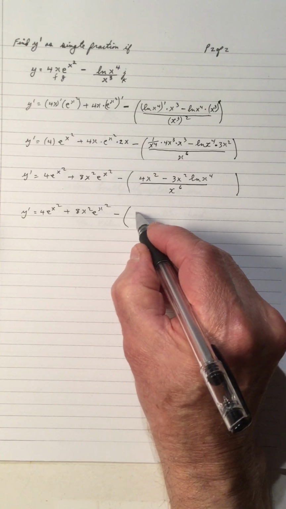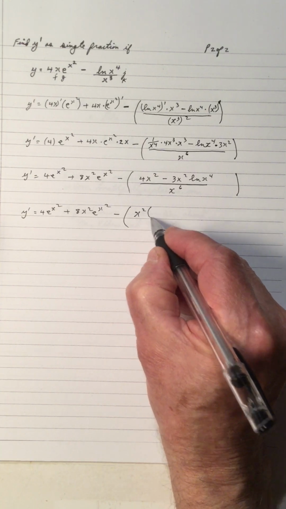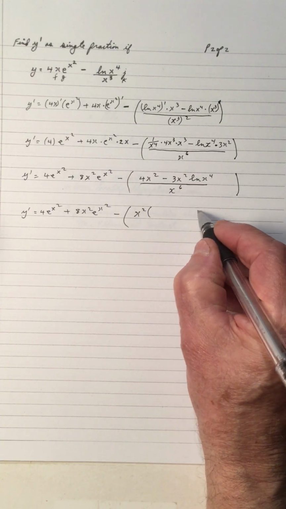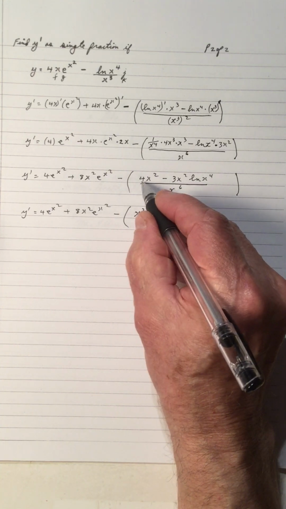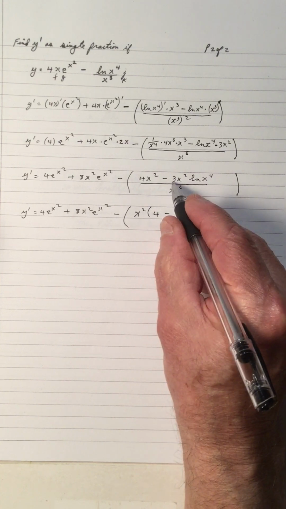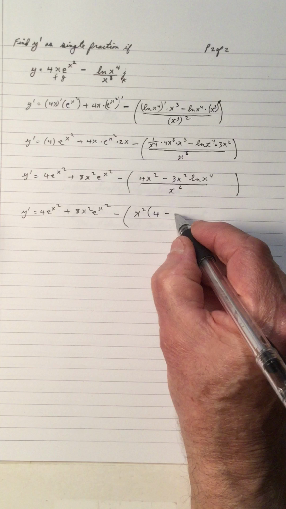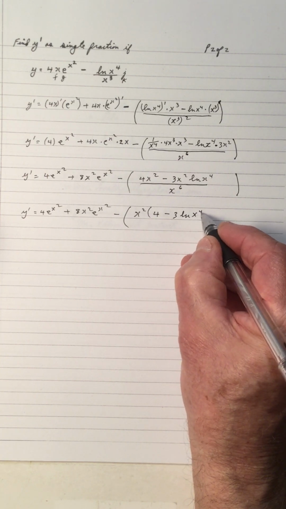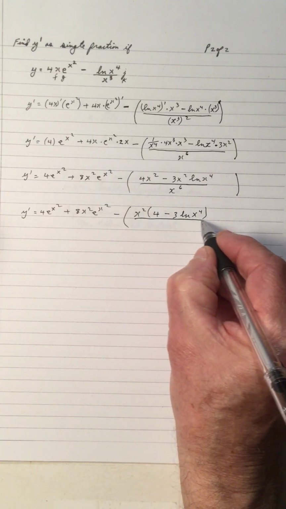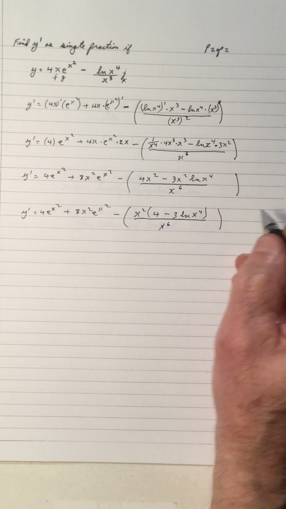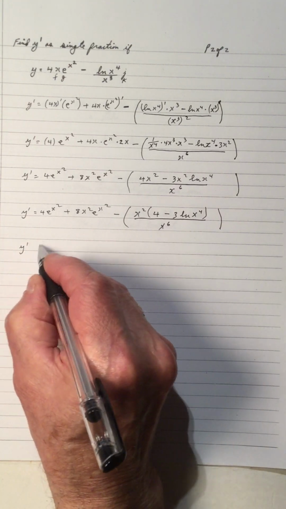We can take an x squared out because it's a common factor in these two expressions. And x squared divided into 4x squared gives me a 4, and x squared into 3x squared ln x to the fourth is 3 ln x to the fourth, all over x to the sixth. I could do this faster, but I'm taking my time to make sure it's explained.